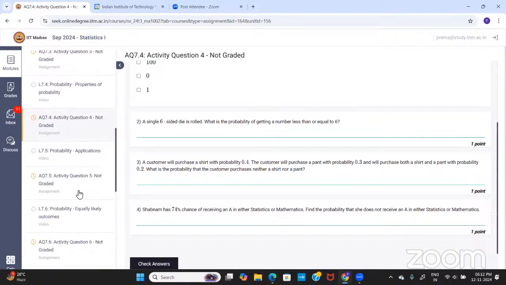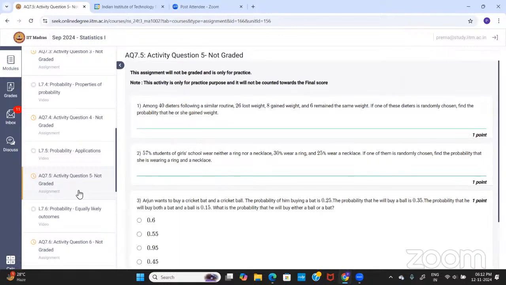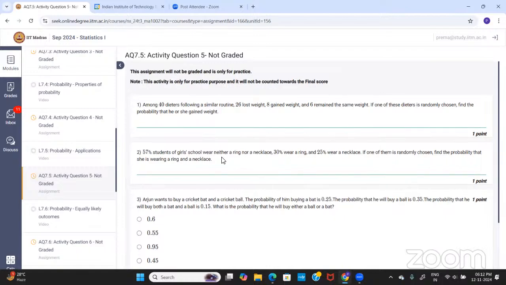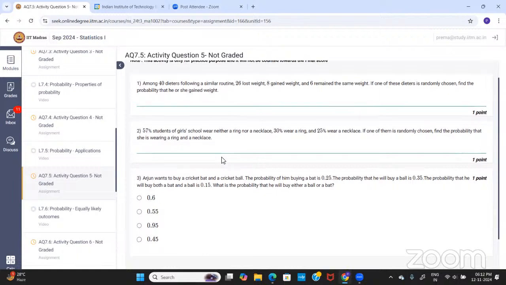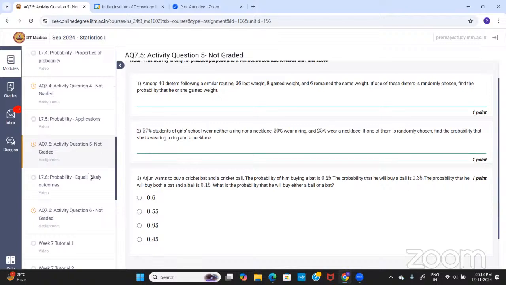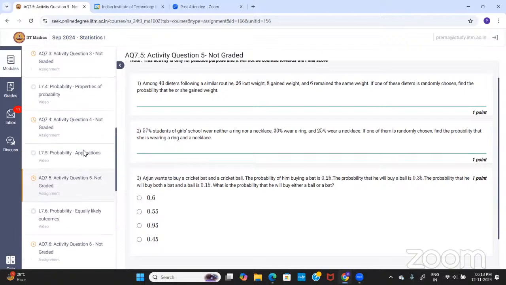No doubt in this? Exercises. Anything from week 7, any doubt? If you have, then you can ask.